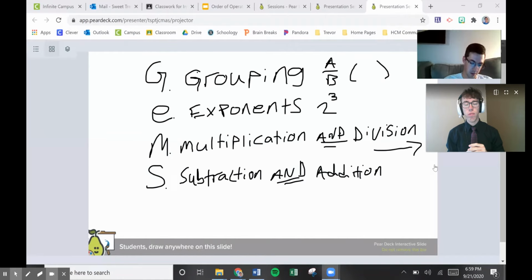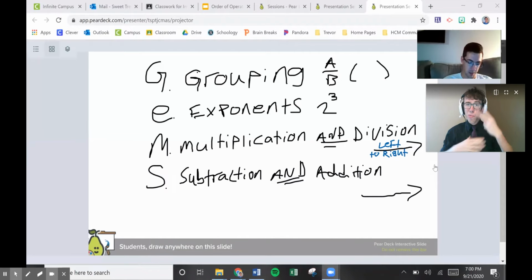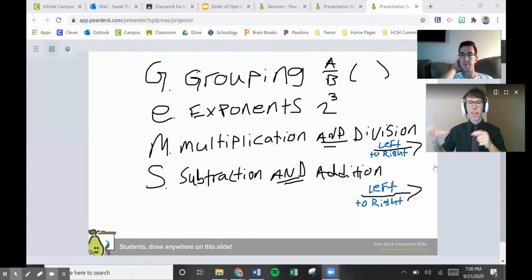Then you move on to subtraction and addition. If you have both subtraction and addition, same thing. You go from left to right.